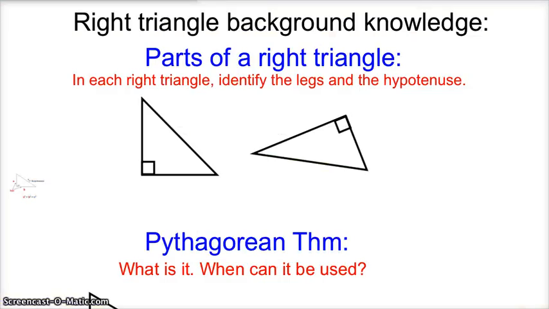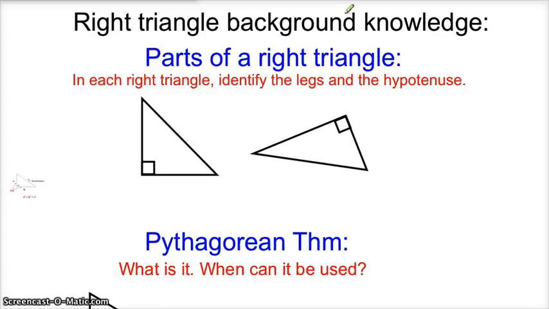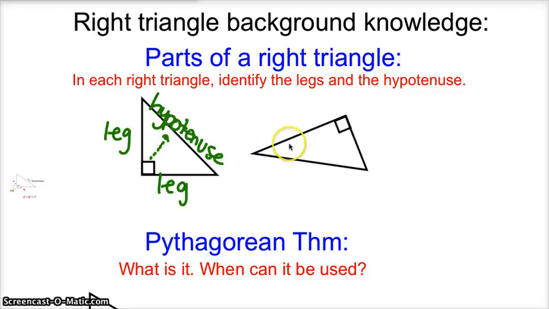So let me go over quickly: what does it mean by leg and what does it mean by hypotenuse? This is background knowledge, and I know it isn't anywhere in your notes. I would have done this as a warm-up had I been in class. In a right triangle, the sides that make up the right angle are called the legs. The longest side of the right triangle, the one directly across from the right angle, is referred to as the hypotenuse.